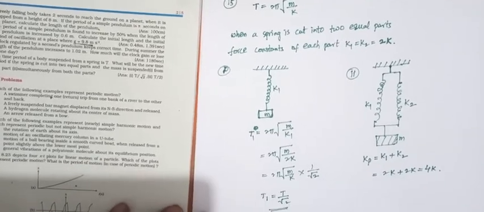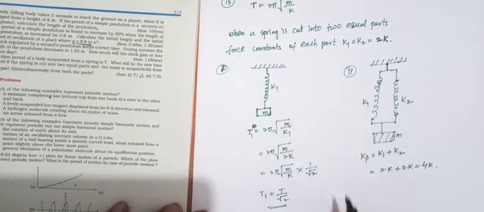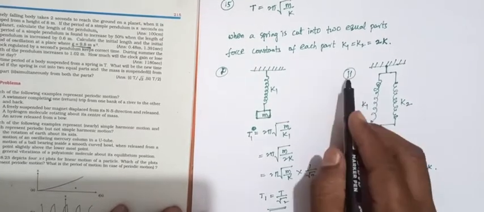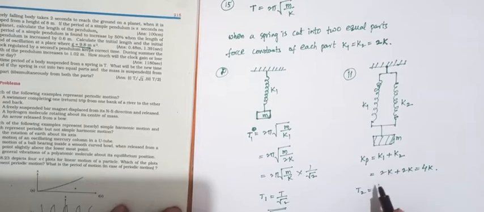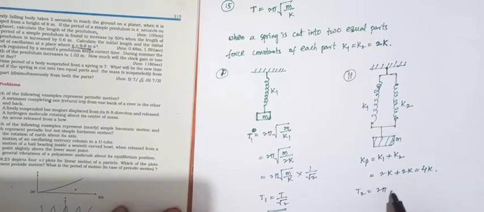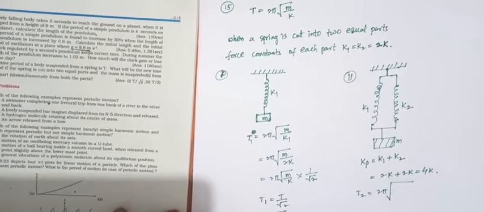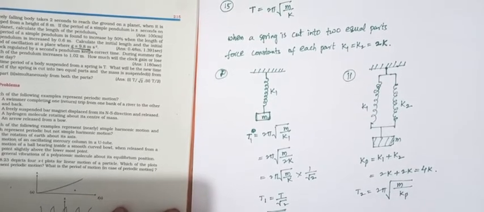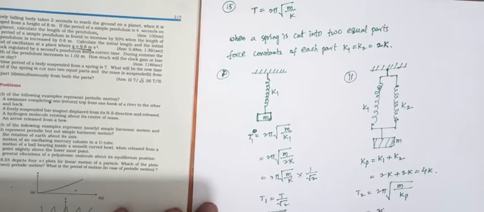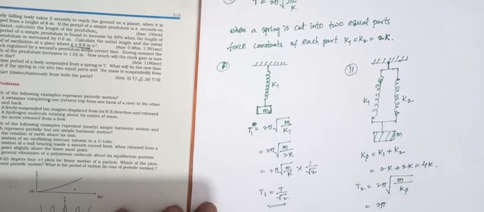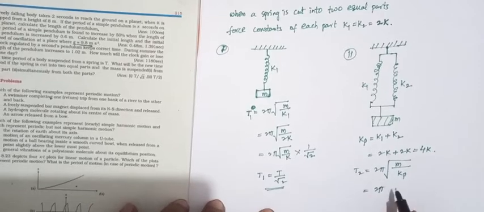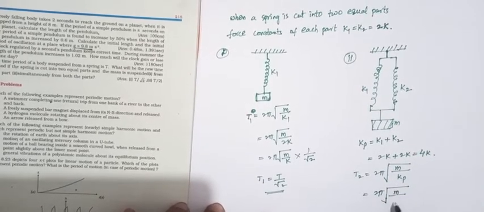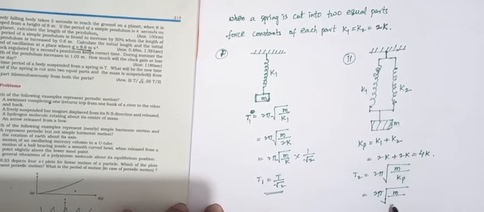Okay, here the second part, the time period t2 equals 2 pi square root of m by k parallel, where k parallel equals 4k.